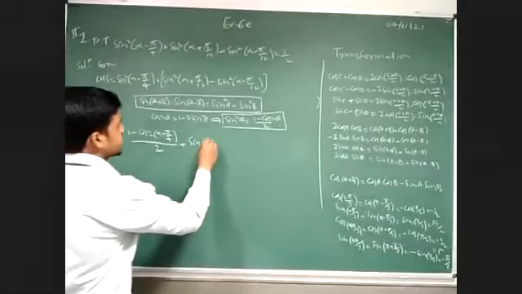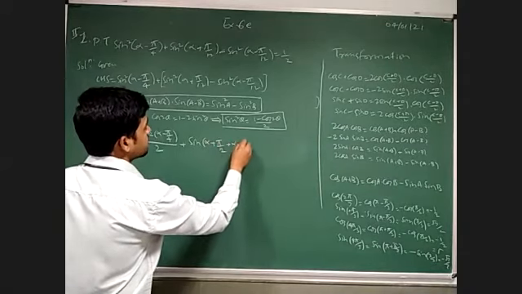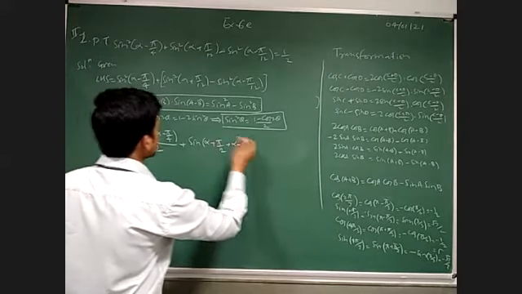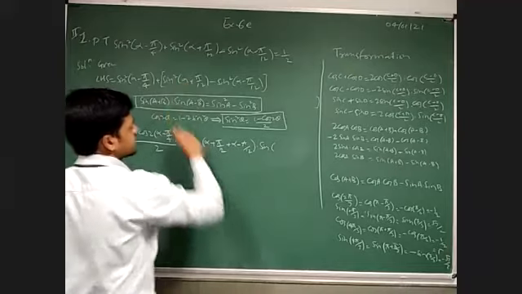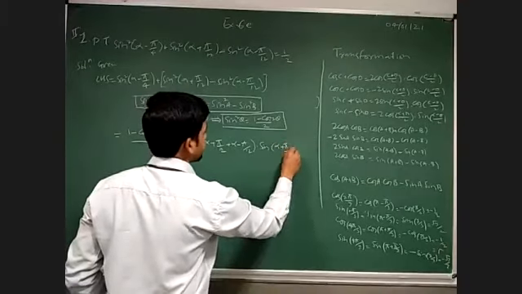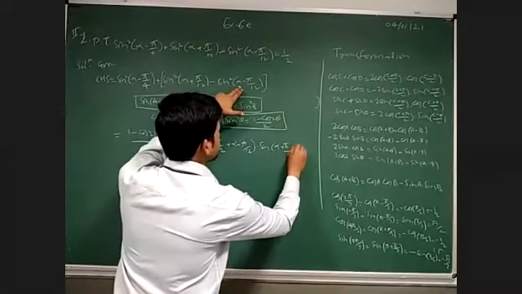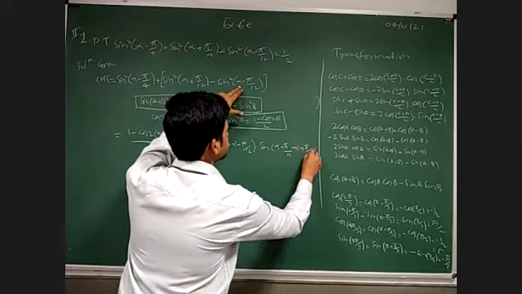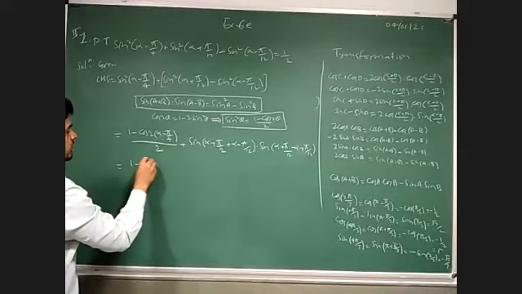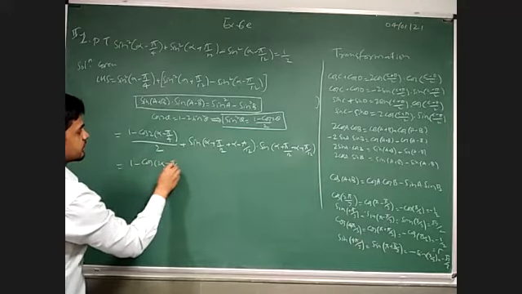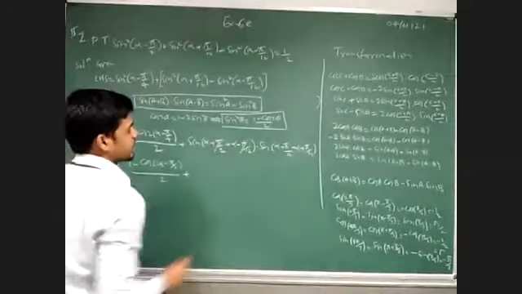So a plus b is alpha plus π/12 plus alpha minus π/12, into sin of a minus b, that is alpha plus π/12 minus alpha plus π/12. Now this 2 will be multiplied, so here cos 2α, and that will be minus π/2 by 2, plus here the π/12 will get cancelled.